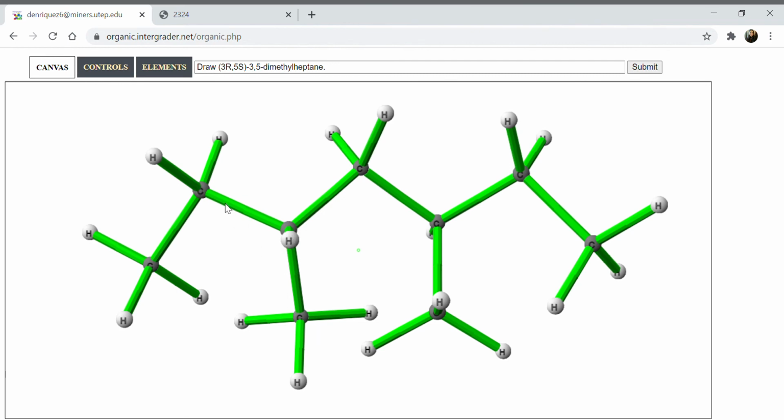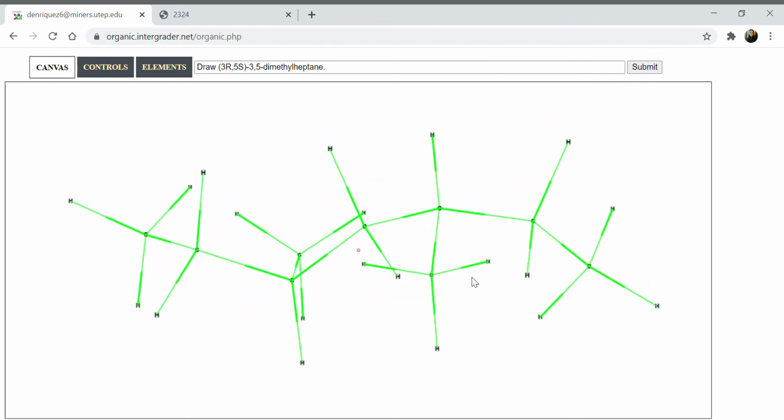So 2 carbons and 1 hydrogen beats 3 hydrogens. So this is the highest, this is the second, and this is the third. It's going around in the R direction. Since the hydrogen's in the back, that's the right configuration, but we need S. So we're going to have to turn this one around as well.